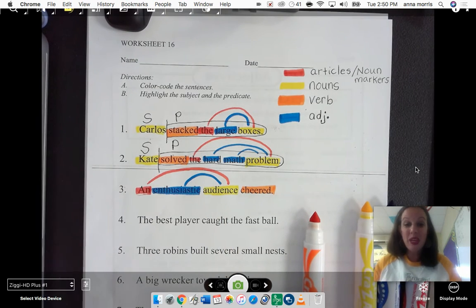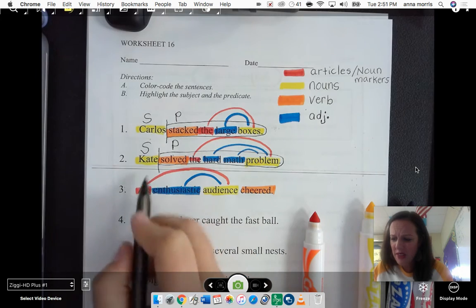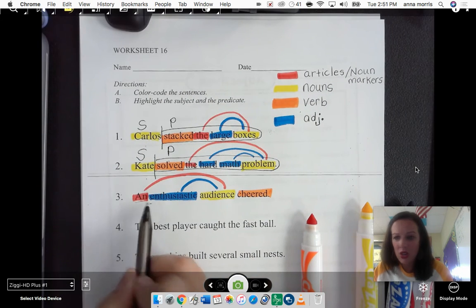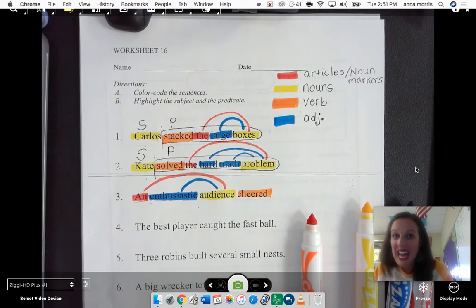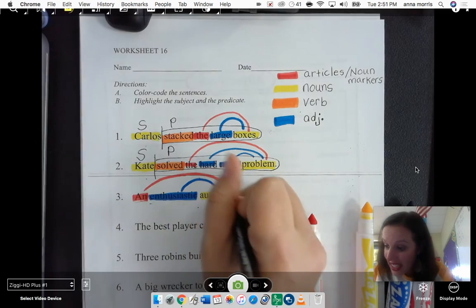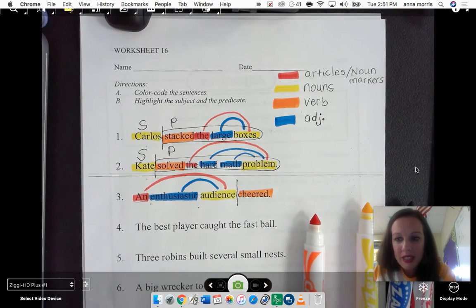But let's look at this one. An enthusiastic audience cheered. Remember, your subject has to have a noun in it. So if I try to split my sentence here, or even here, then I would have a subject without a noun, and that simply cannot be. In the sentence, an enthusiastic audience cheered. Who cheered? The audience. That's right. Look at where my chop is going.